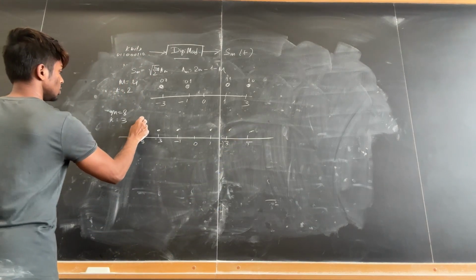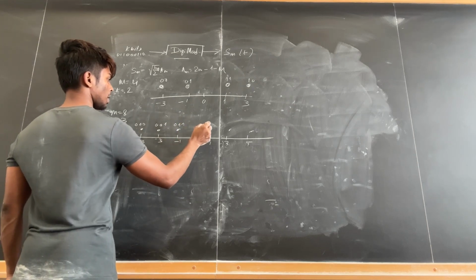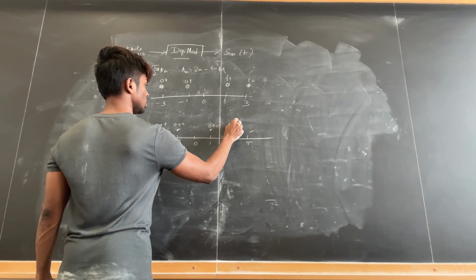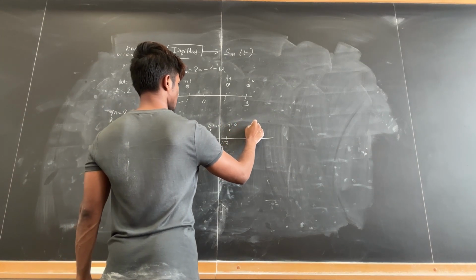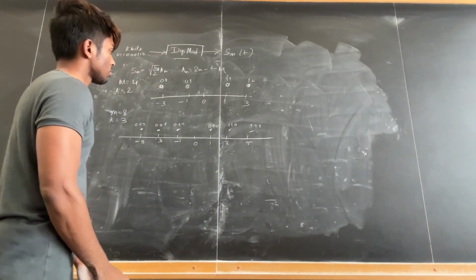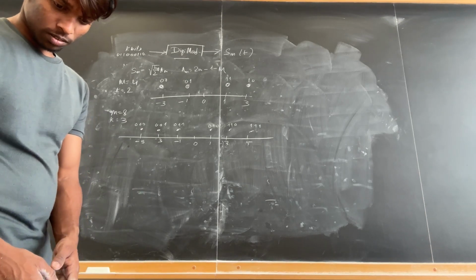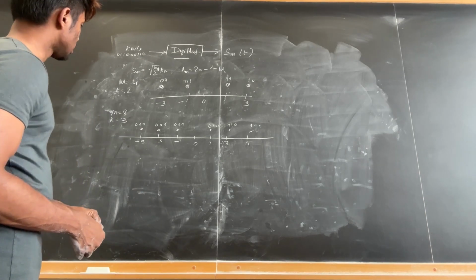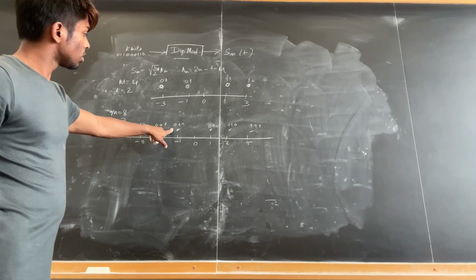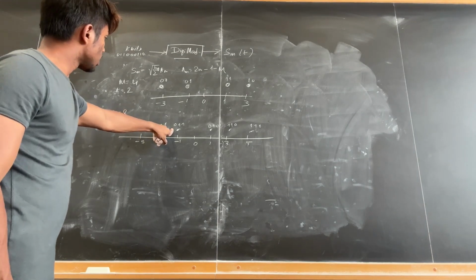What happens here? 000, 001, 011, 010, 110, 111, maybe. Or I missed something. 000, 001, 011. Then I could say 010.